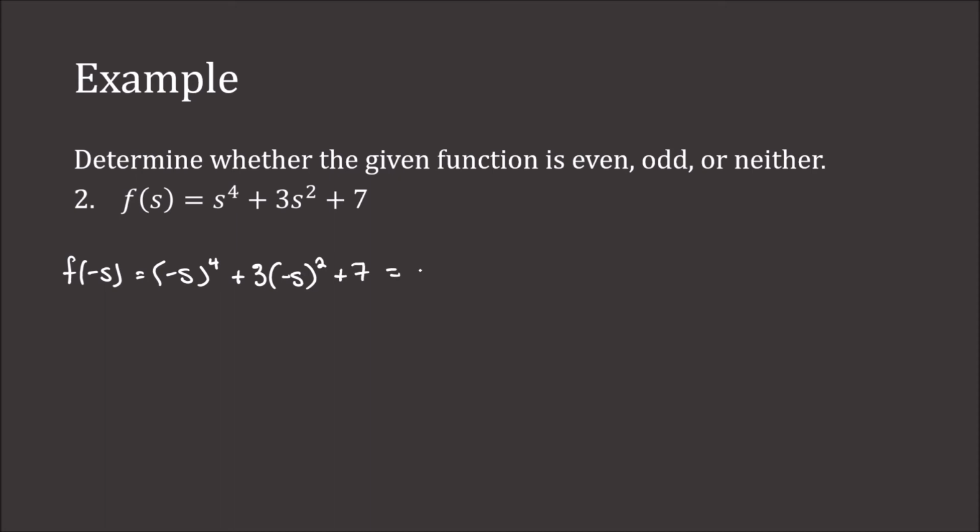So negative s to the fourth power is s to the fourth. Negative s to the second is just s squared. And then that plus 7 doesn't change. But this was f of s. So we can therefore conclude that f of s is even.